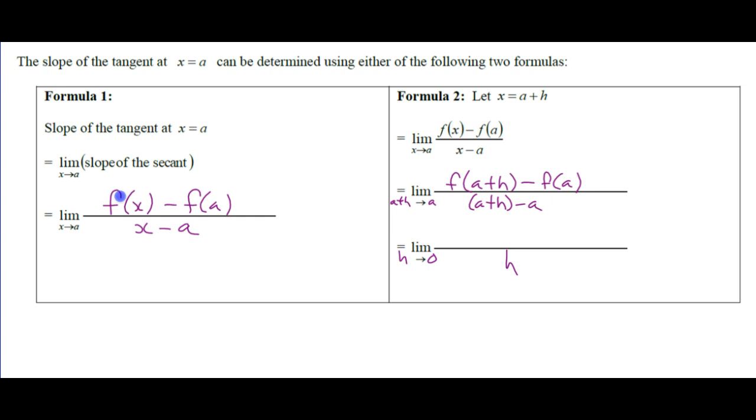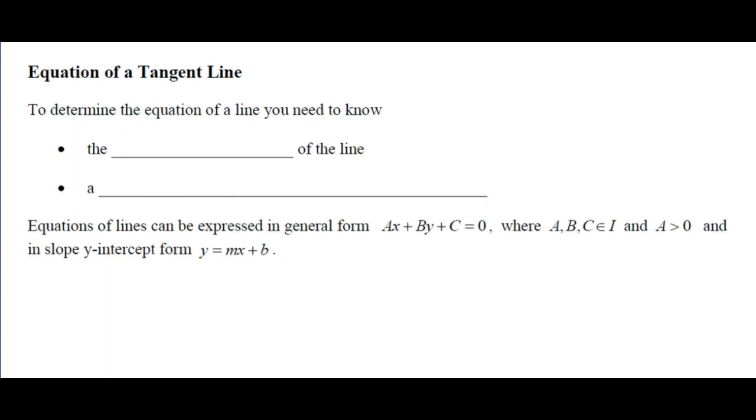We want h to approach 0 of f of a plus h minus f of a. And a is the point at which we want to find the slope of the tangent line, because we were dealing with point P, which on the diagram was at a and f of a. Okay, so two formulas, no waiting.